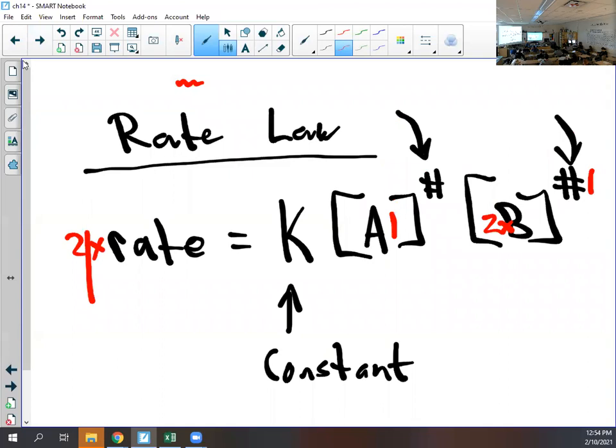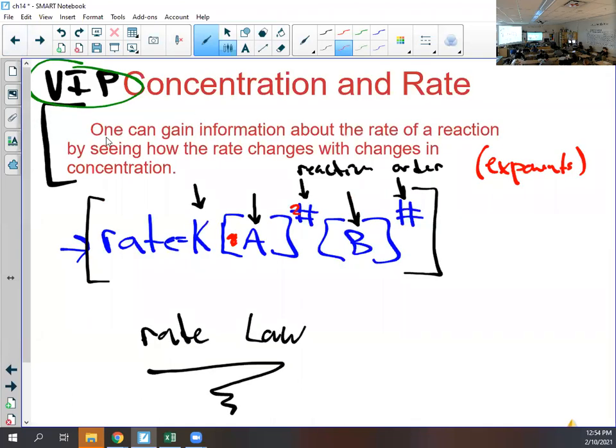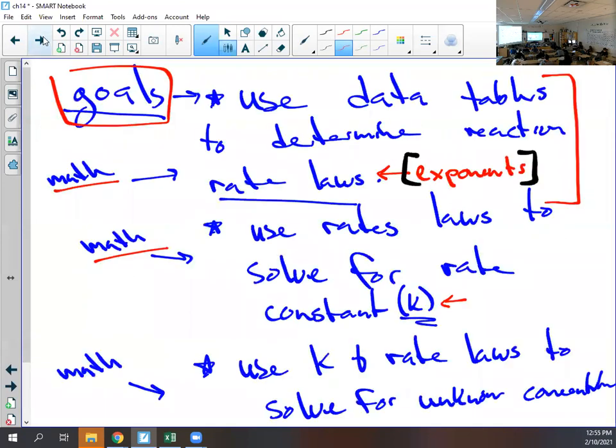So one can gain information about the rate of a reaction by seeing how the rate changes with changes in concentration. So we're going to see tables where we scientifically determine the rate when we change the concentration of our two reactants. Based on how the rate changes, we can determine what these numbers are, which is the order or the exponents. Okay, now I need you to really stick with me.